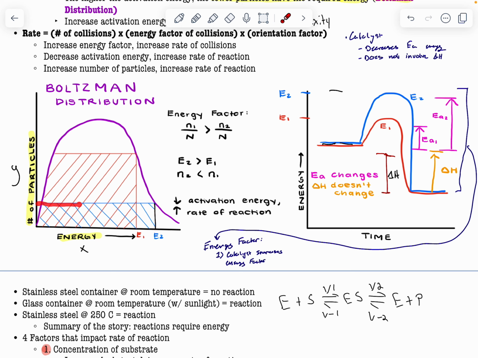So the less number of particles we have, the more activation energy we need to get this reaction to go. The higher amount of particles we have, the less energy we need to get this reaction to go, and E1 will be a lot quicker of a reaction compared to E2.